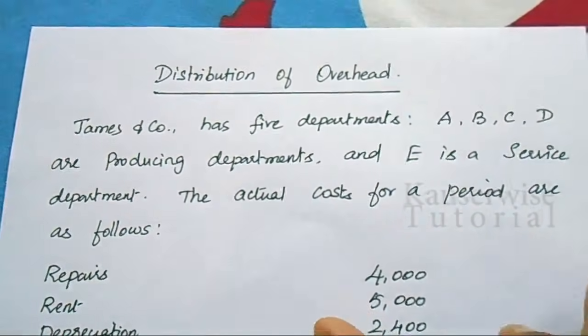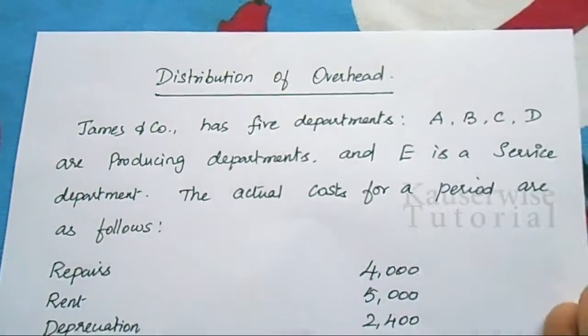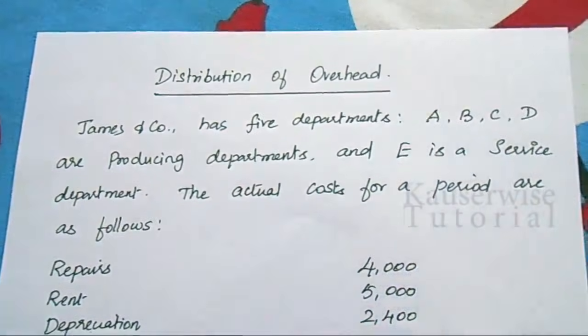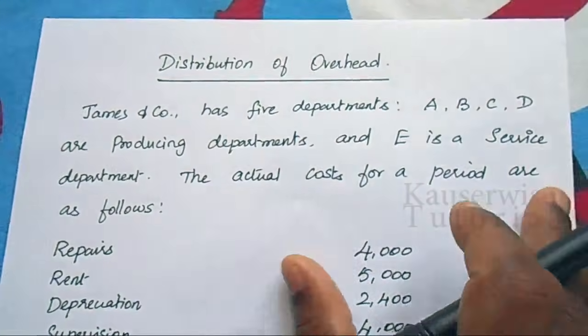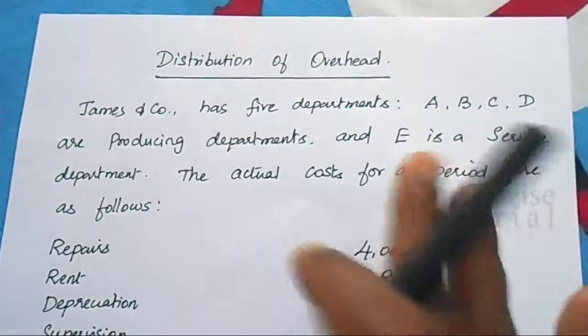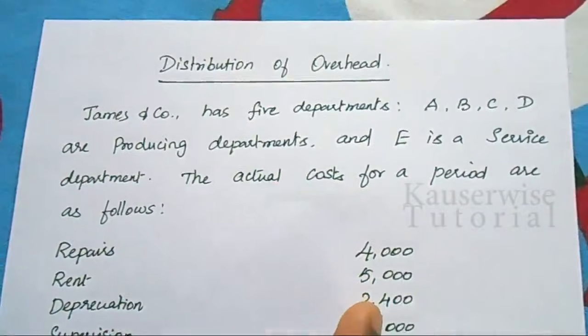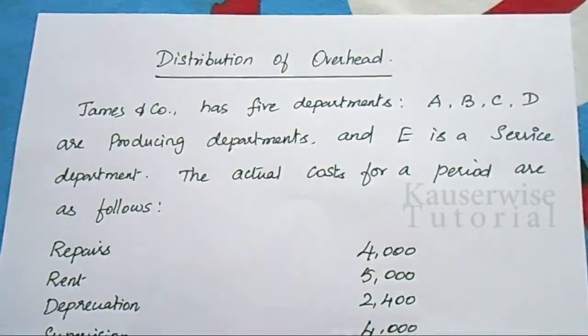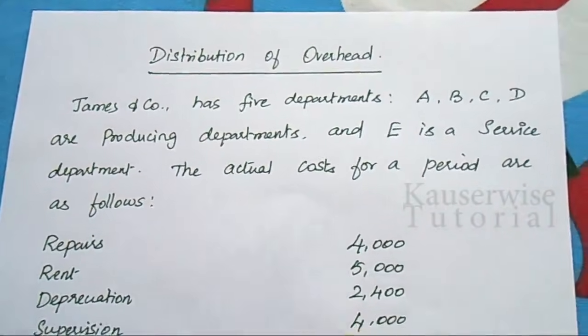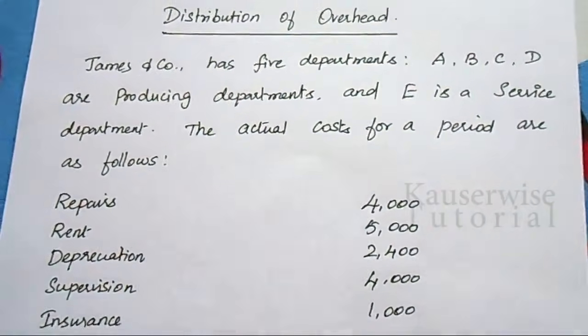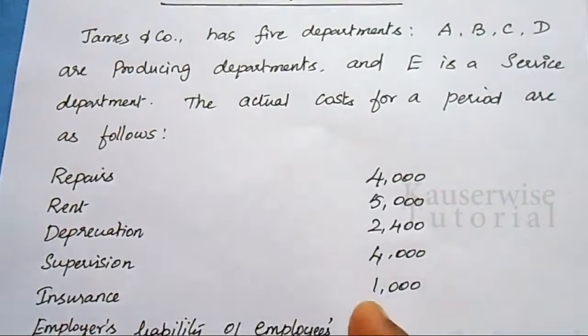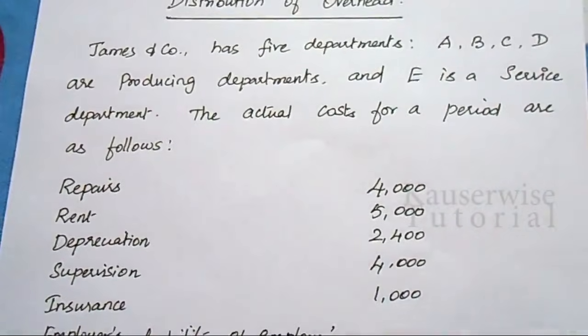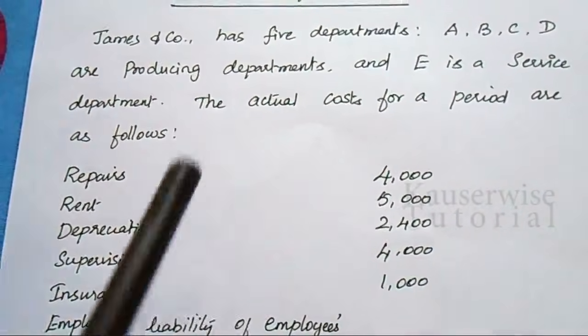That expense can be applicable to all the departments, both production departments as well as service departments. In such case, you need to apportion. Apportion means distribute the expense on an equitable basis, and after calculating the different amounts, each and every component will be recorded in each and every department. This is called apportionment or distribution.